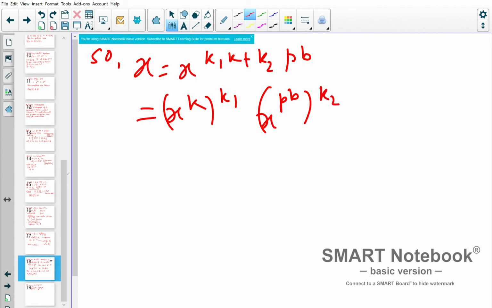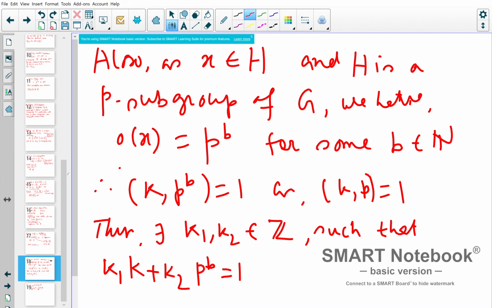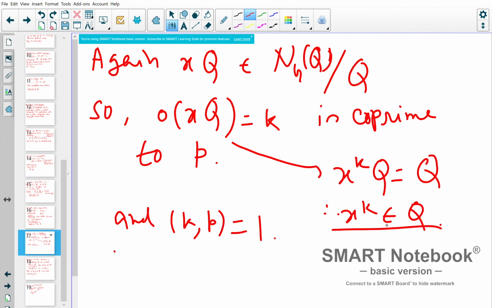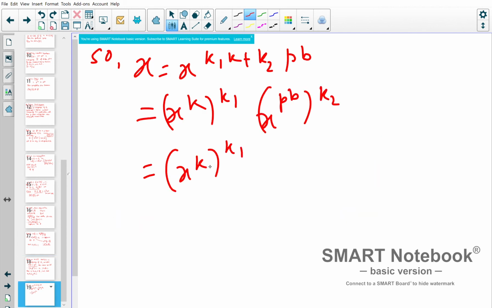But we already know that the order of x equals p^b, so x^(p^b) is 1, the identity. So we will have x^k to the power k1. But we know that x^k belongs to q, so x^k1 is also an element of q, since q is closed under multiplication, right? What does that mean?